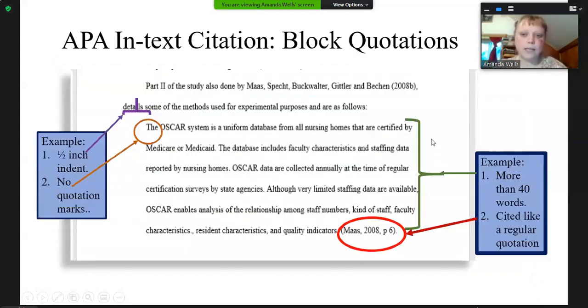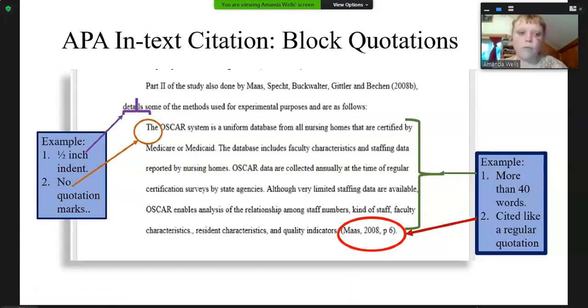Here's probably an easier way to understand it. This section right here, the Oscar system, all the way down to the red line here, that is considered a block quote. There's more than 40 words in it. Over here in the purple, you'll see the whole thing is indented by ½ inch. And you'll notice there are no quotation marks around it, even though it is a quote.